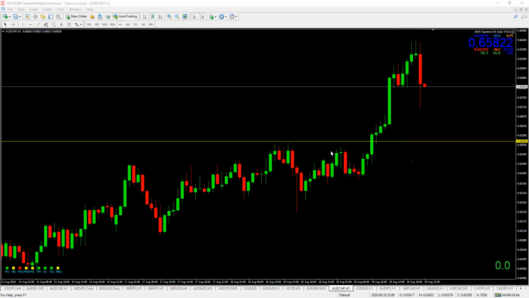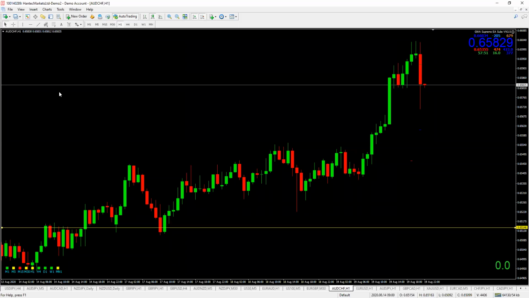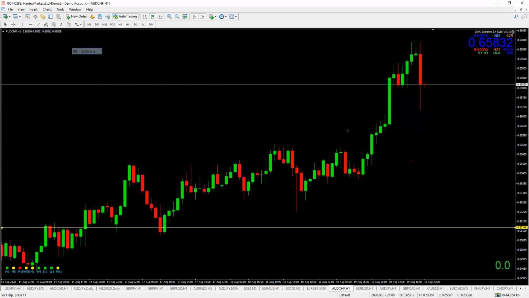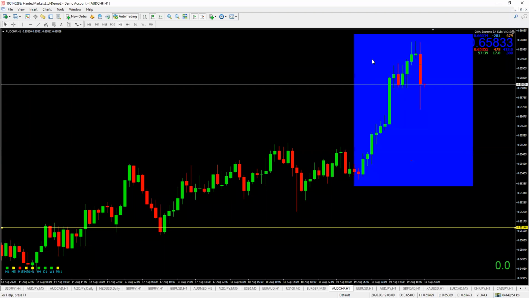So if at the time you came to your chart, the price is somewhere around here, let's assume all this has not happened, all this has not painted on the screen. Let's mark it up. Here we go. So let's assume all this bit in blue has not painted on the screen yet.